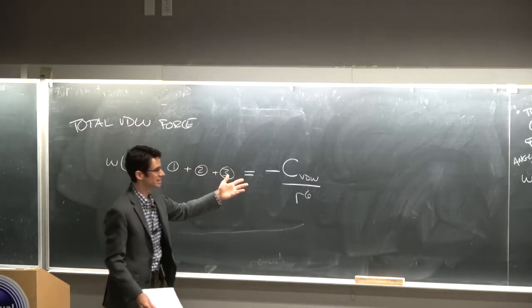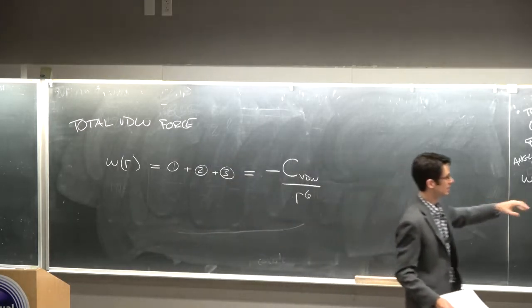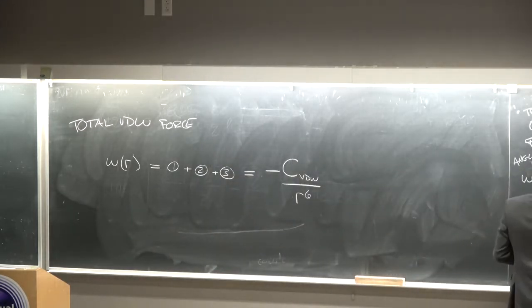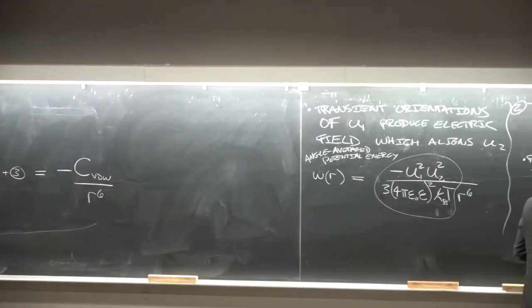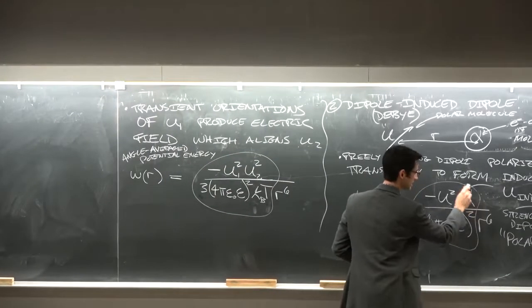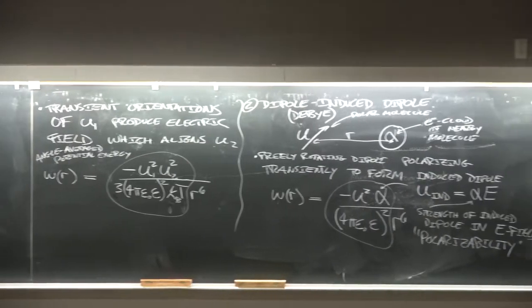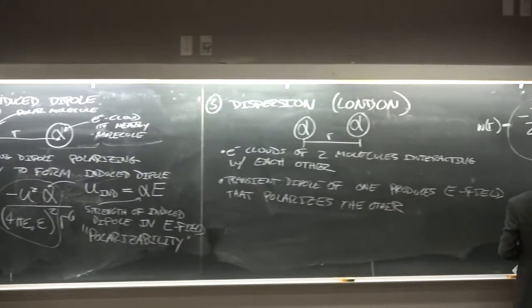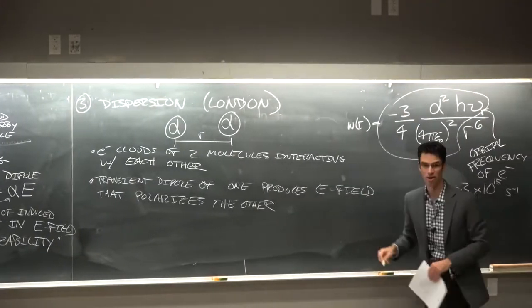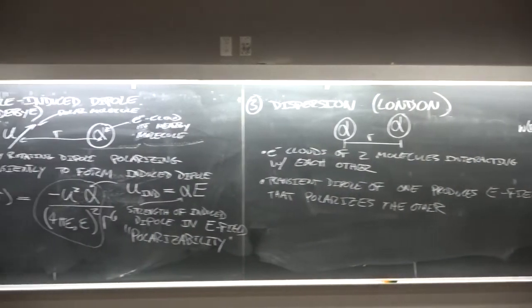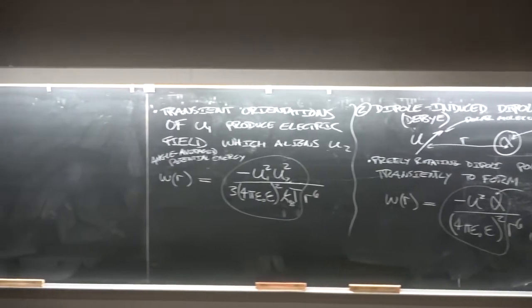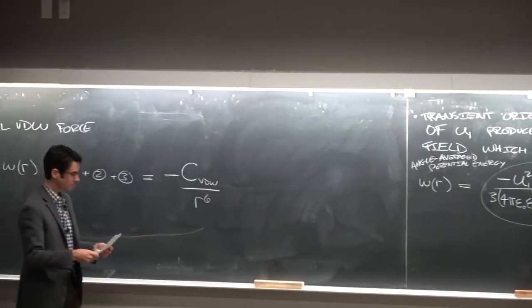So what is the Van der Waals constant? Well, it's all this plus all this plus all this, over the common factor of r to the 6th.